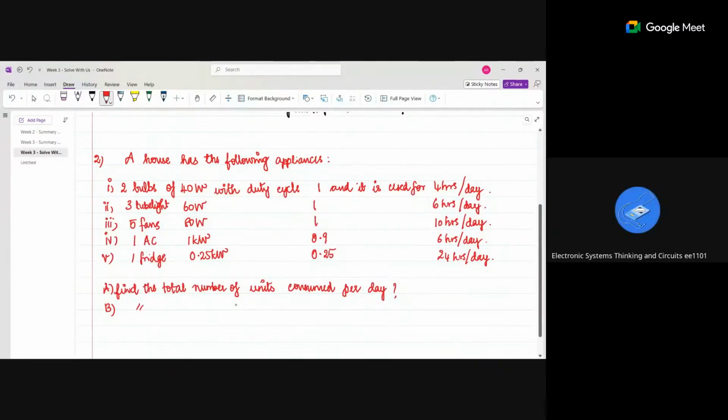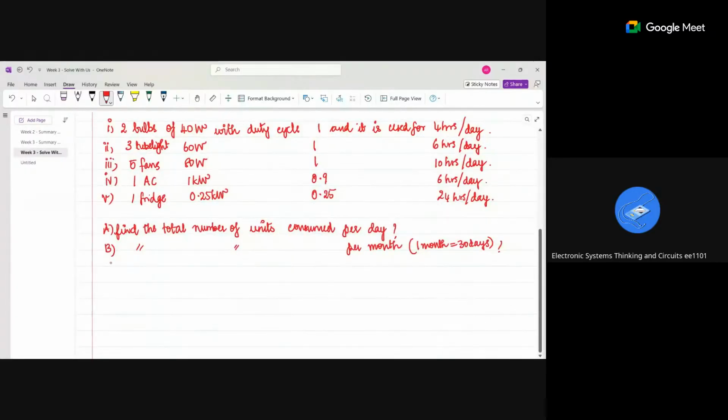Find the total number of units consumed per month, assuming 1 month has 30 days. If 1 unit is 8 rupees, then find the cost for 30 days.